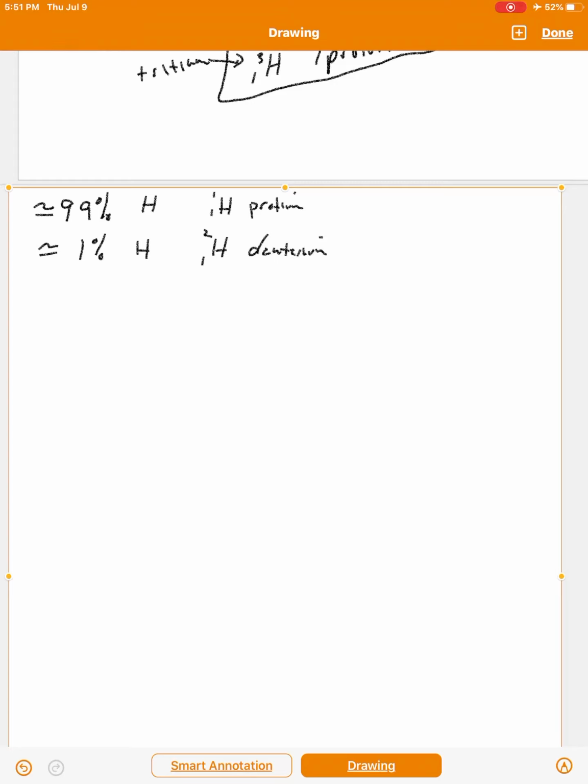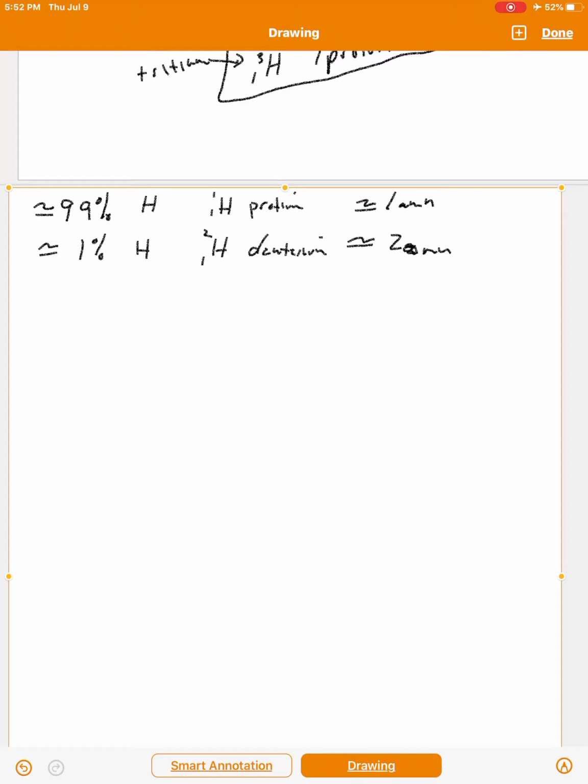And they have different masses. This one weighs approximately 1 AMU. This one weighs approximately 2 AMU. But in nature, that's a mix of them.